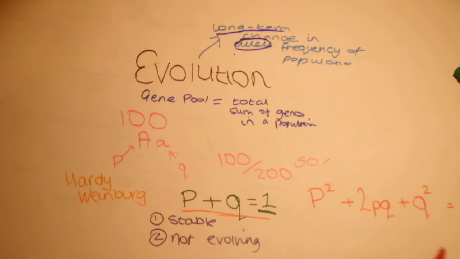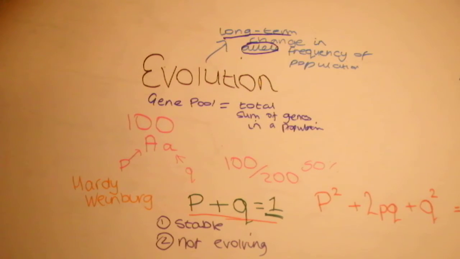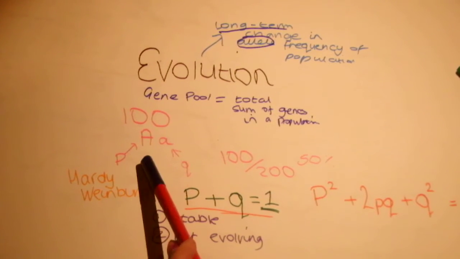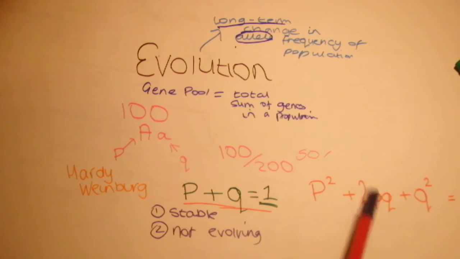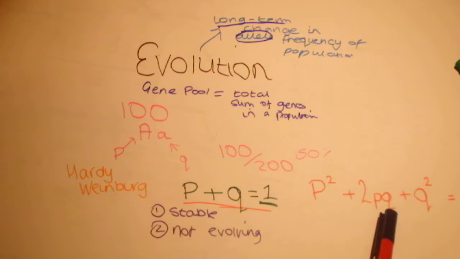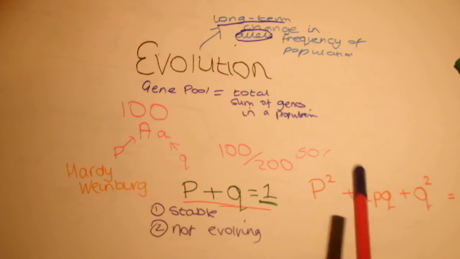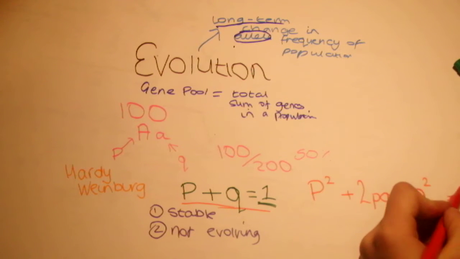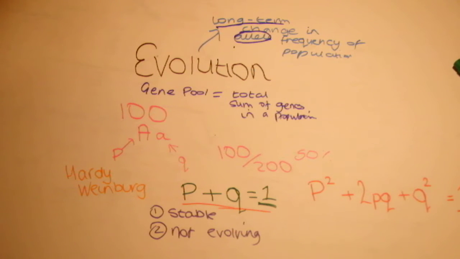You're always going to be given this equation in the question, but just so you know what it is: remember that P is always dominant and Q is always recessive. Both of them are added up and times by 2, and then Q squared again. And once again, the answer always has to be 1.